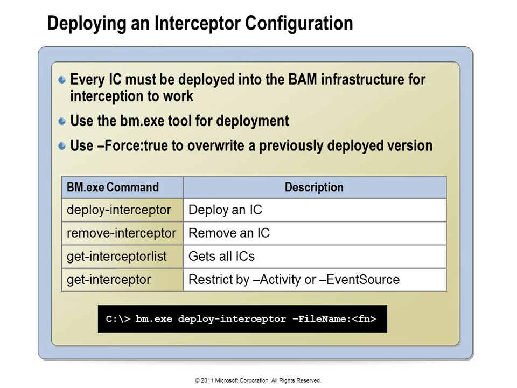So we have the notion of deploying an interceptor, removing it, getting a list, or getting a particular interceptor where we could go in and provide a particular filter. So this is the model, just like we can with an activity definition, deploy out the activity definition, we can deploy our interceptors using that same command line tool.